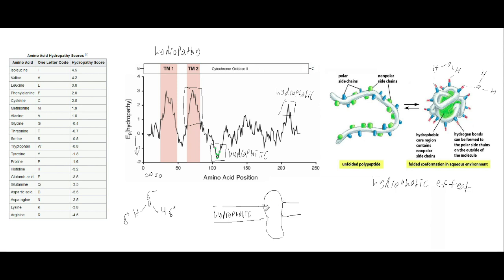So we're going to have this part of the protein here that's hydrophobic, such that it can be inside of the membrane, and that's what these transmembrane regions are about. But then we can look at other places where we have positive energy, and we can pretty much be sure that that's going to be inside the protein, because these hydrophobic parts are going to want to repel away from the aqueous environment.